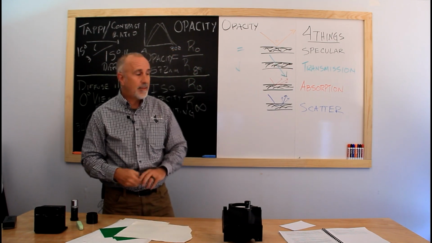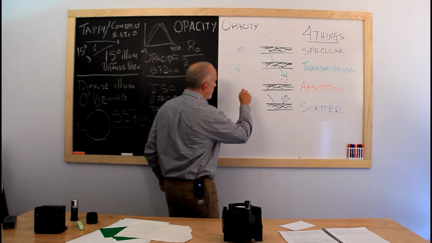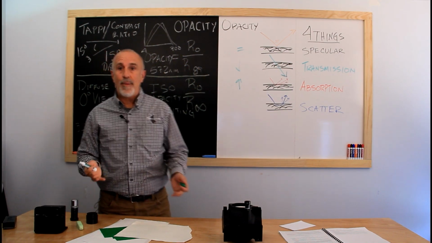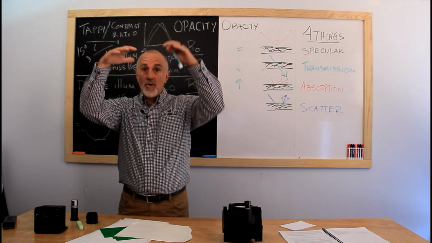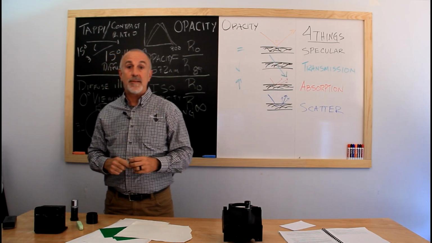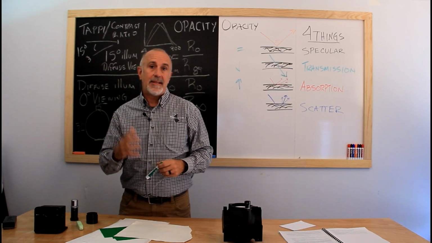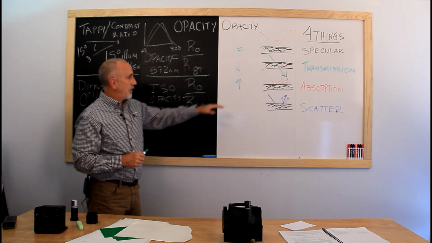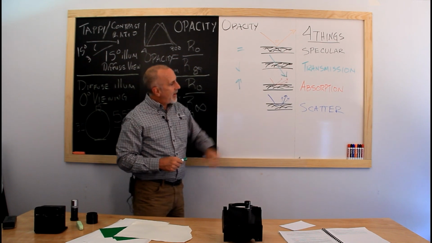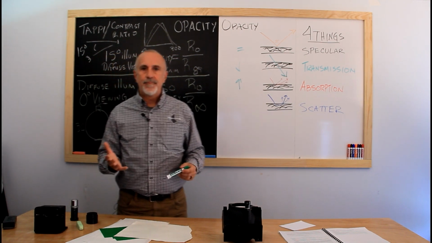Typically, if I do something that increases the absorption, I'm going to see an increase in my opacity. If you have some room in your brightness numbers or your color numbers that you can move the color a little bit, sometimes that is the easiest way to get the opacity you're looking for: increase the absorption of the sheet.